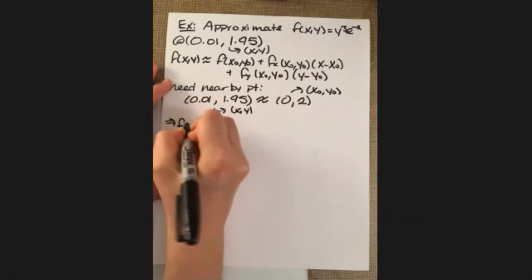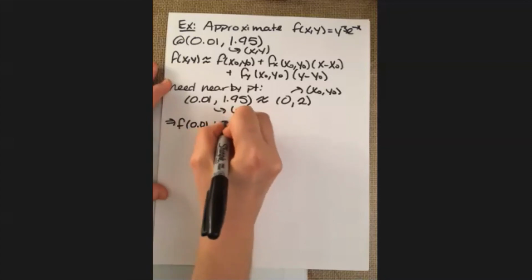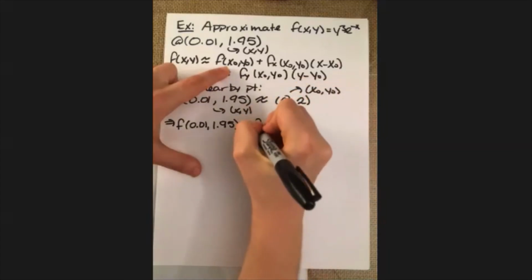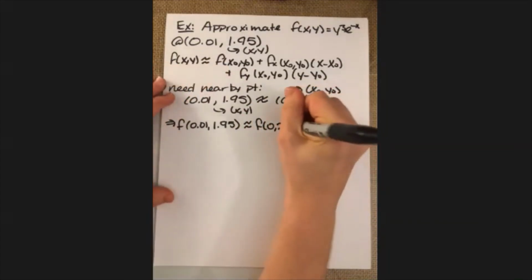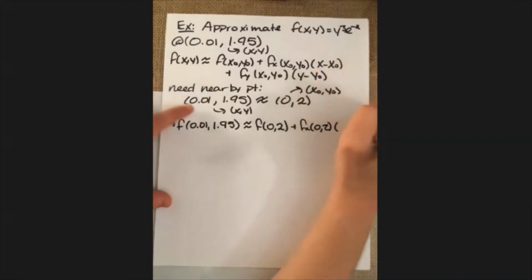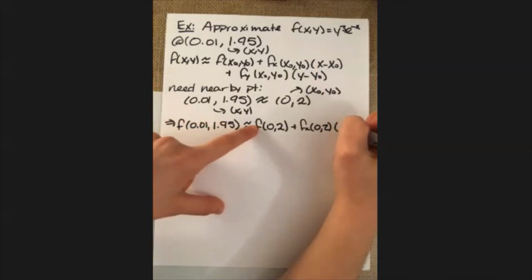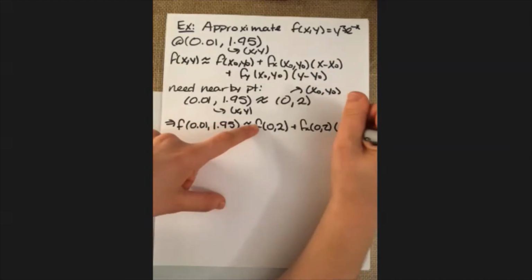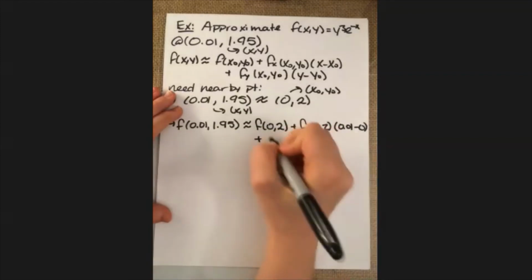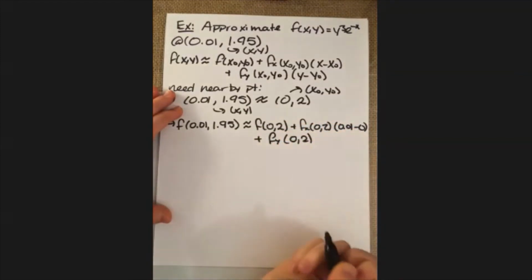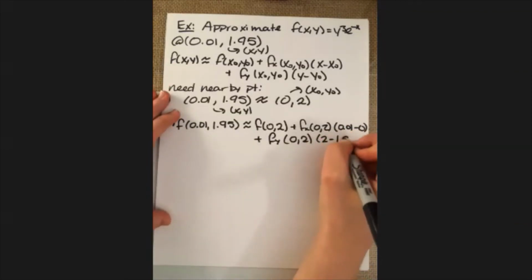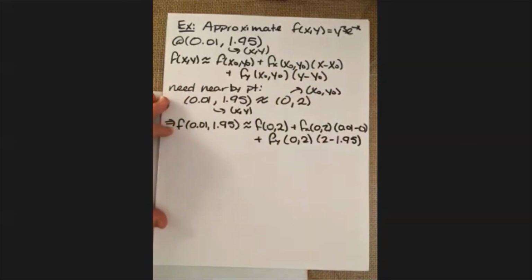So this equation here then becomes f at 0.01, 1.95 is approximately equal to f at x naught y naught, which is this 0, 2, so f at 0, 2, plus f sub x at 0, 2 times x, which is 0.01, and then minus 0 there, and then we have plus f sub y at 0, 2 times 2 minus 1.95 is what's going to go in for this piece right here.